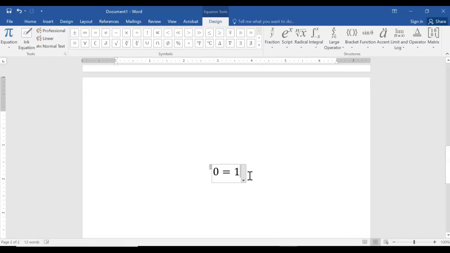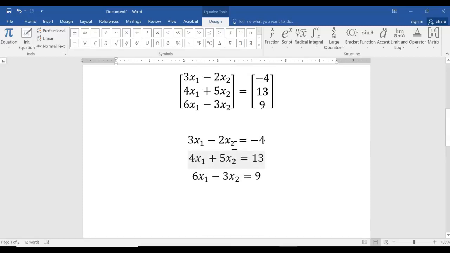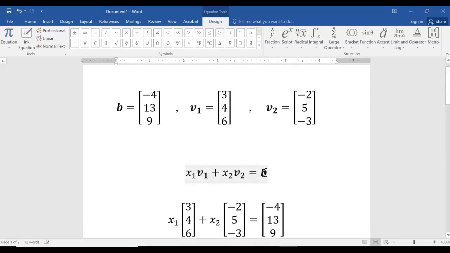All right? So there's no solution to this system of linear equations, which means there's absolutely no way I could have written B as a linear combination of vectors v1 and v2.